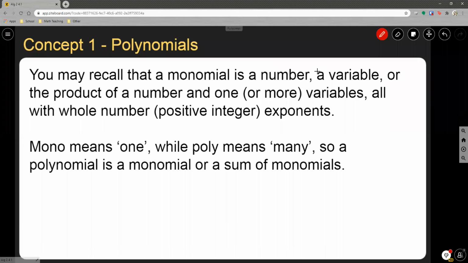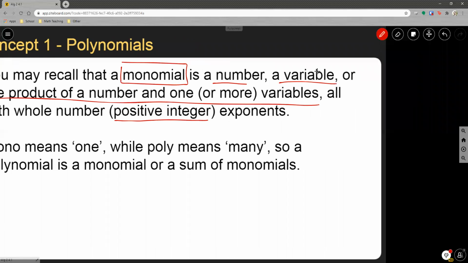So you may recall that a monomial is a number, a variable, or the product of a number and one or more variables. If you don't recall what a monomial is, I'll just go over that here on the right. I guess I should finish the definition. The product of a number and one or more variables, all with whole number, in other words, positive integers for exponents.